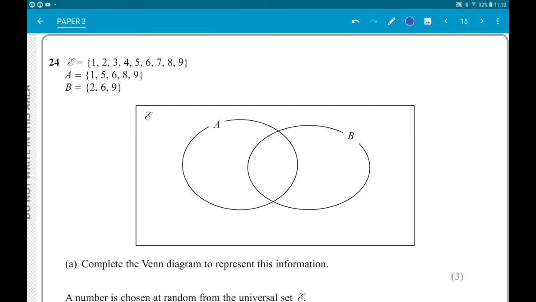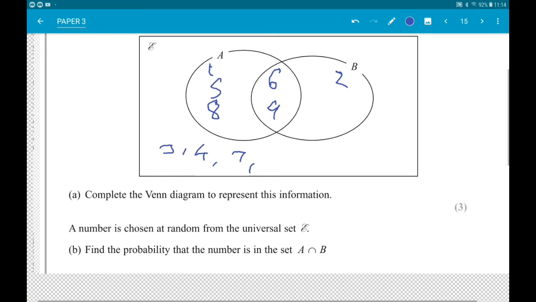So 1 is in A but not B. 2 is in B but not A. 3 is in neither. 4 is in neither. 5 is in A. 6 is in both. 7 is in neither. 8 is in A. And then 9 is in both.